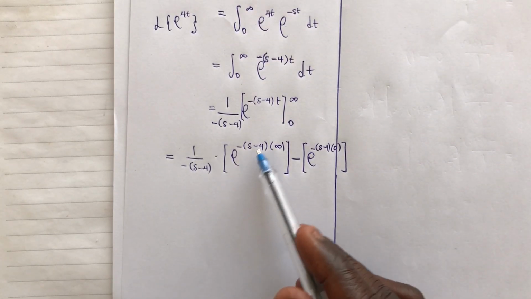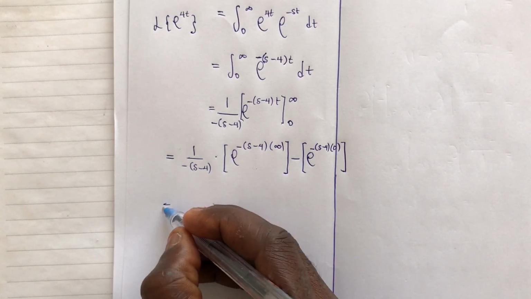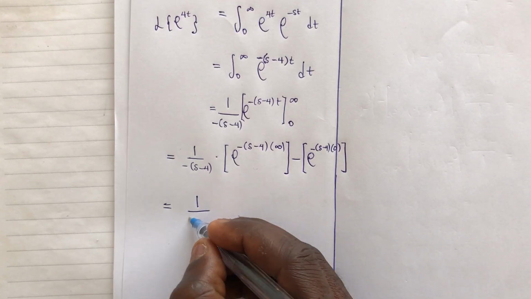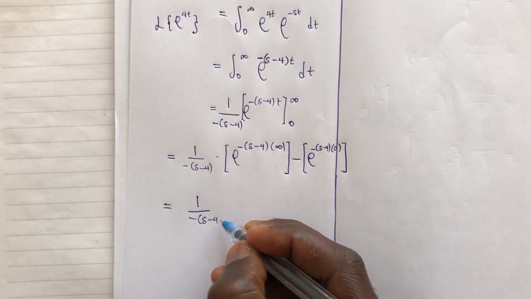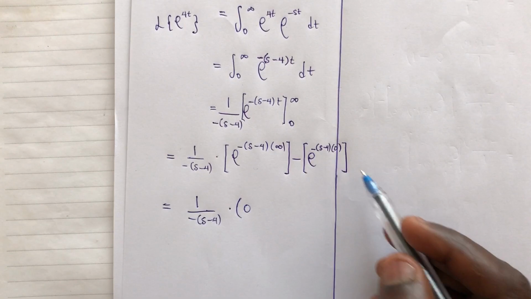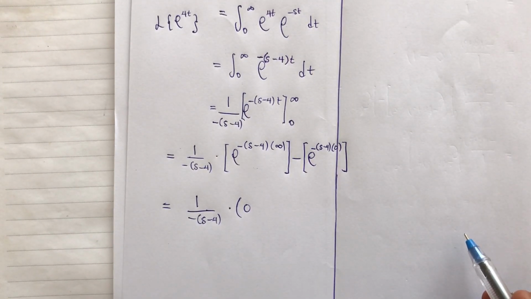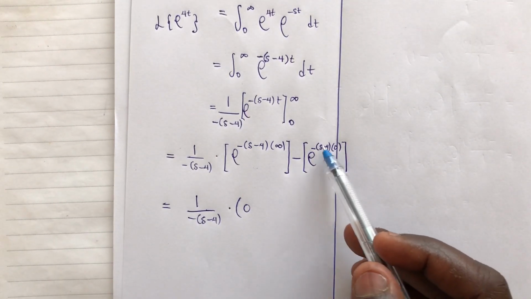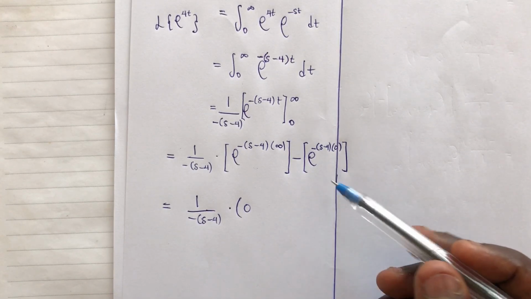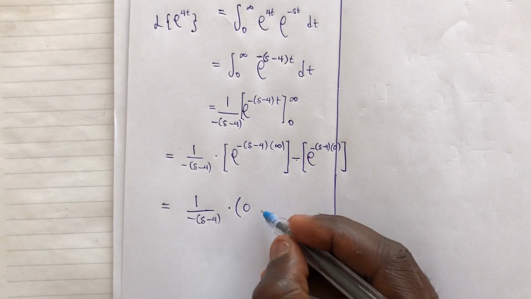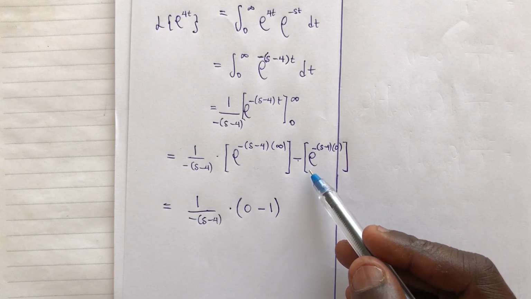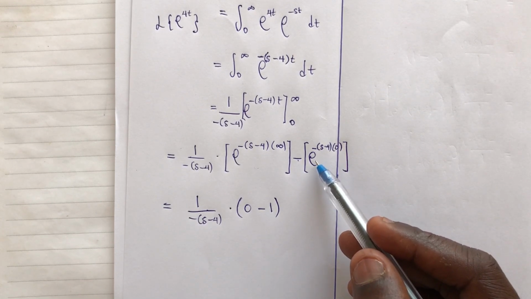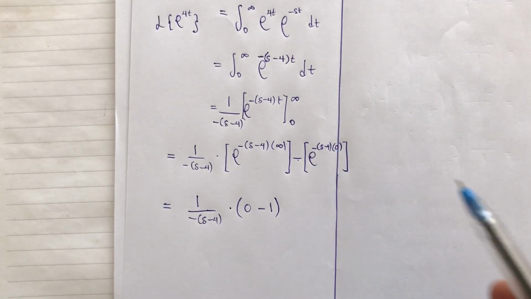Okay, so now we know this side is 0, so we have 1 over minus s minus 4 times 0. Remember that a variable to the power 0 is 1, so this side the whole result is 1. Remember there's negative here, so minus 1. If you are still confused, punch on your calculator e to the power 0 and see the result.